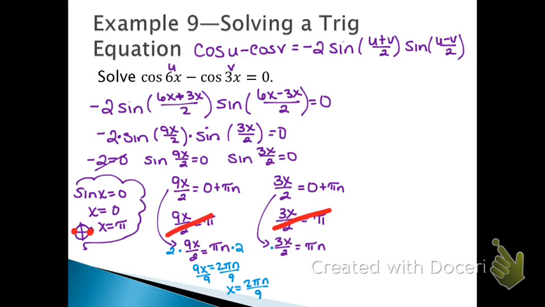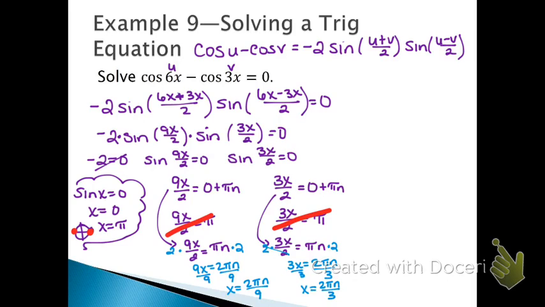Okay, same steps for the other one. So multiply by 2. So we get 3x equals 2 pi n. Divide by 3. And you get x equals 2 pi n over 3. Now both of those are acceptable answers, but 9 is a multiple of 3, isn't it?